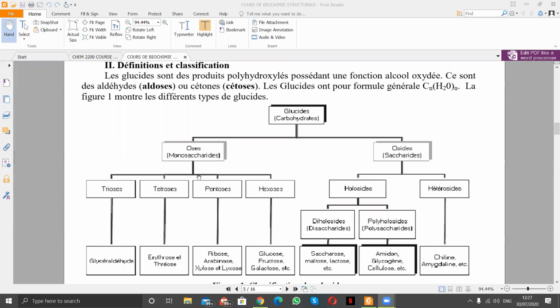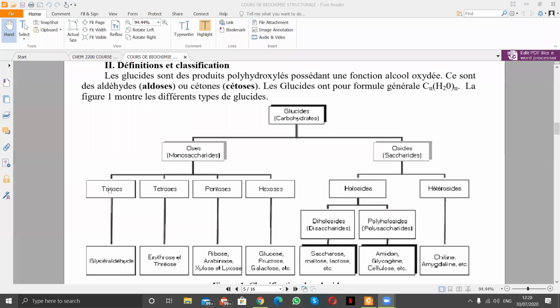Then, on the basis of the number of carbon atoms, the monosaccharides may be triose, tetrose, pentose, and so on.